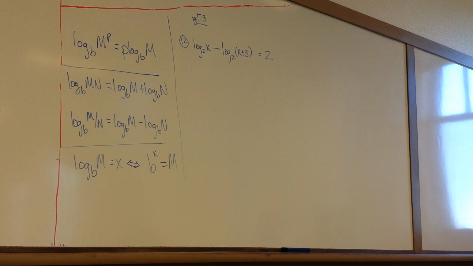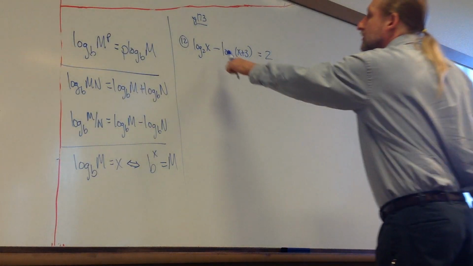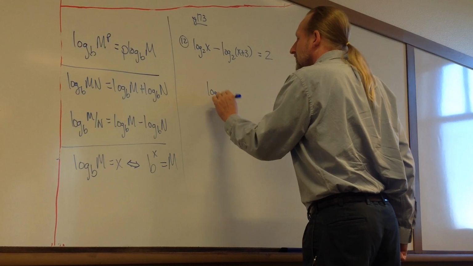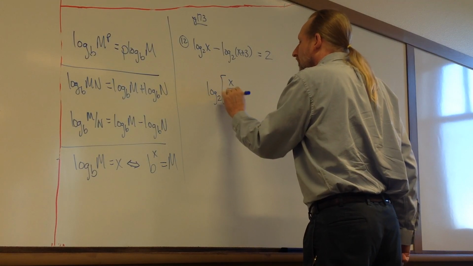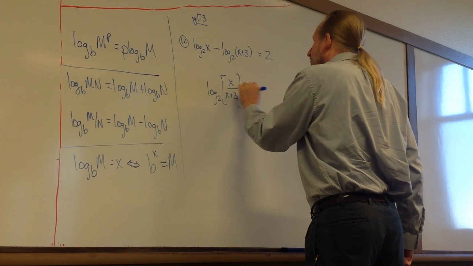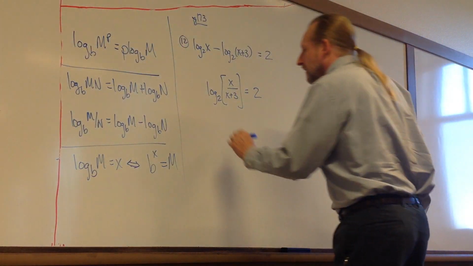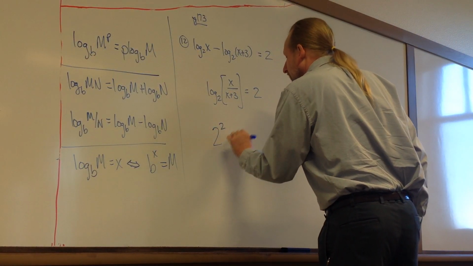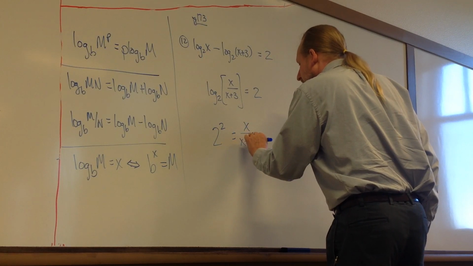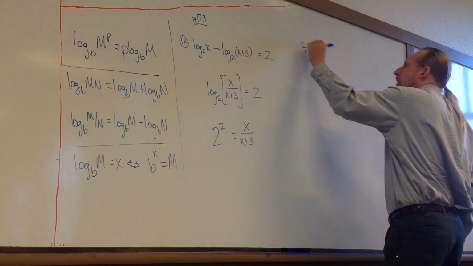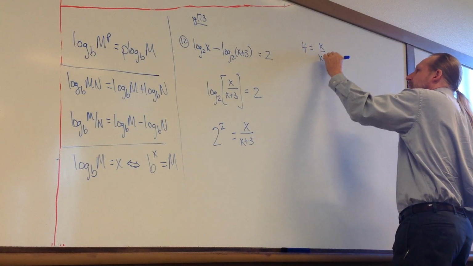All right, so let's see. This is a subtraction of logarithms, so we're going to rewrite this as log to the base 2 of x over x plus 3. And then that means 2 squared equals x over x plus 3. So 4 is x over x plus 3.